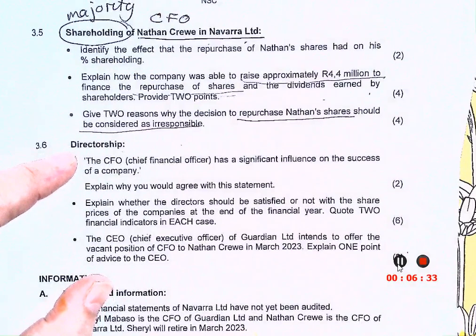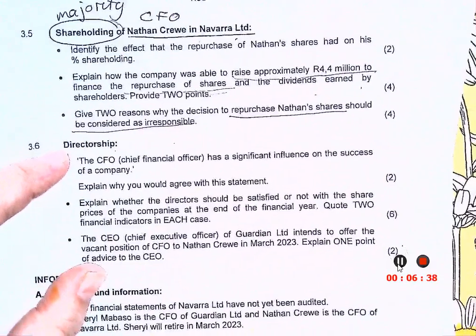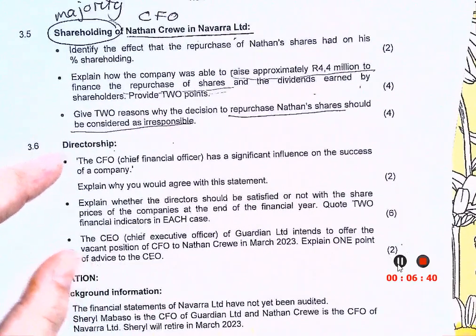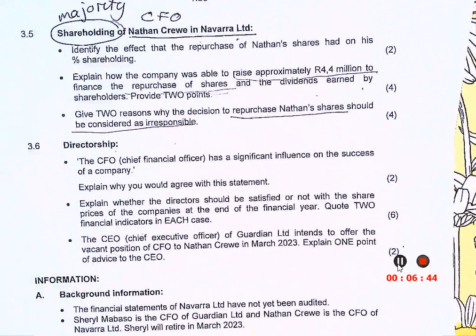Okay, so you say you can't do it because of the cash flow. They don't have cash. Remember, paying out dividends and repurchasing shares: the company law stipulates that you must not buy back shares or declare dividends if you cannot carry it out with cash.